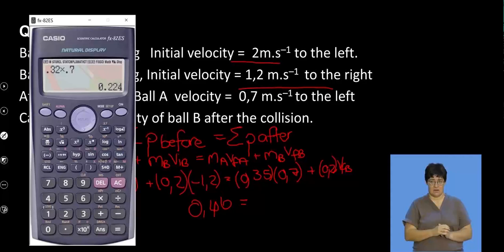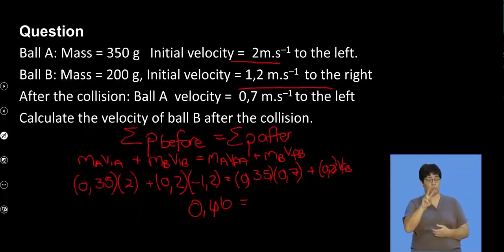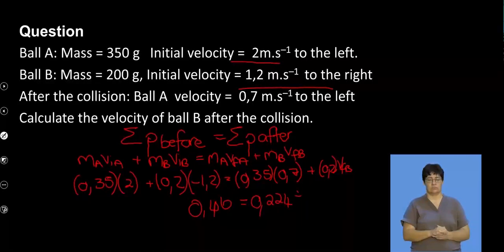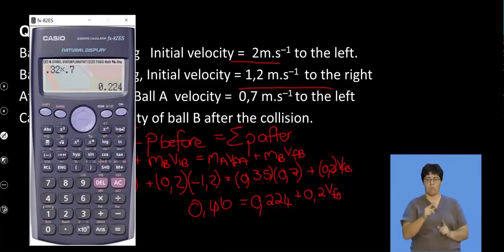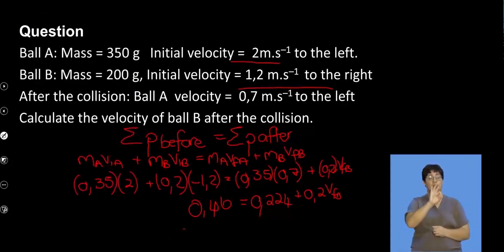And that gives us 0.224 plus 0.2, which means I need to take the 0.224 over, so I'm going to minus that on both sides. I'm not going to write it down, so we got 0.46 minus 0.224, and I get 0.236.